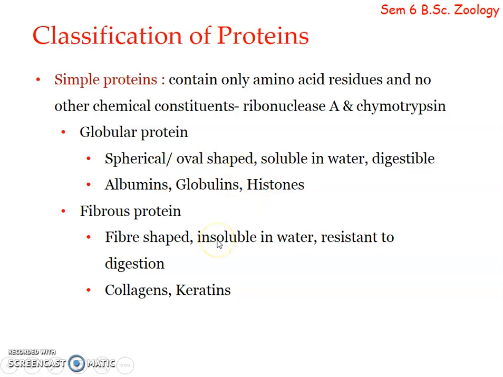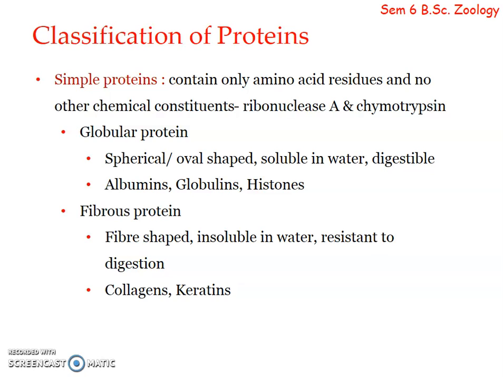What about fibrous proteins? Fibrous proteins are fiber-shaped, insoluble in water, and resistant to digestion, so they are not easily digestible. Examples include collagens and keratins. Collagens are present in connective tissues, in the matrix of the connective tissues.